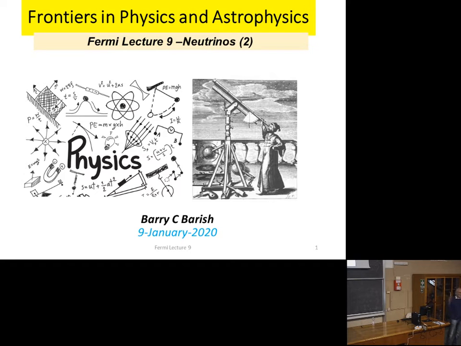I'm going to touch on several of the subjects over the next few lectures, but I picked to spend a fair amount of my time on neutrinos because I think it's a subject that will make a big impact on physics and astrophysics and cosmology over the coming years, very much like gravitational waves, which I'll come to next.